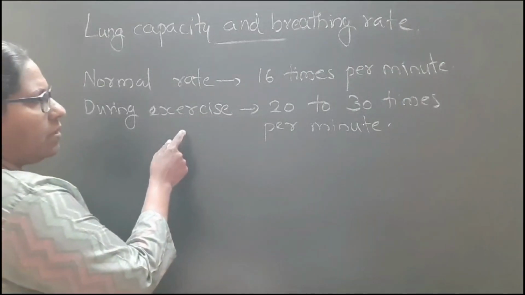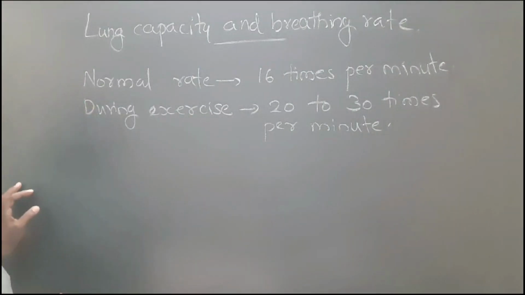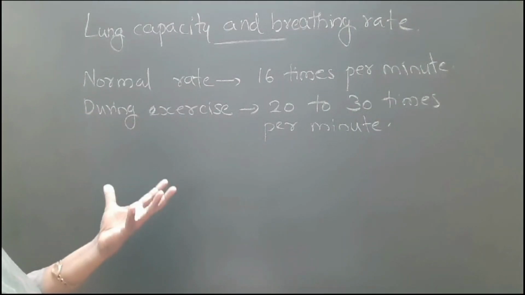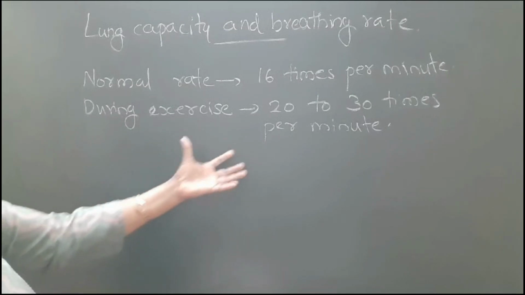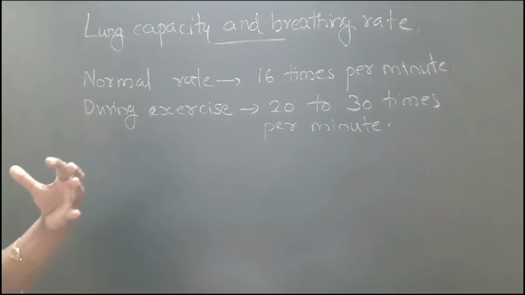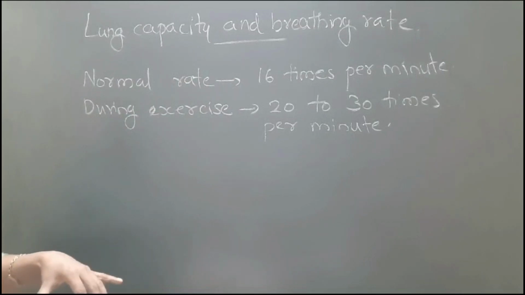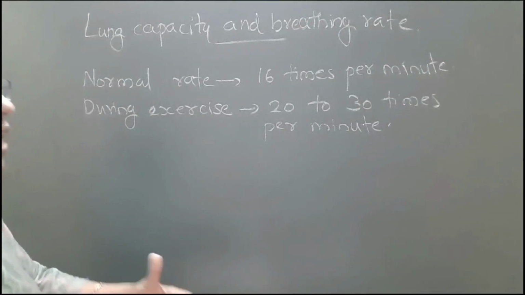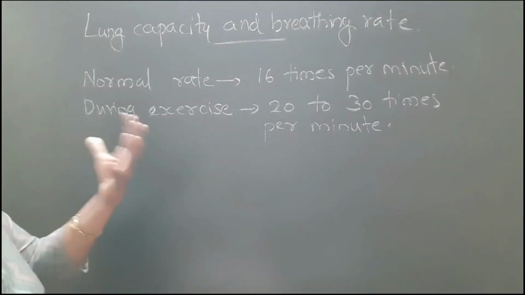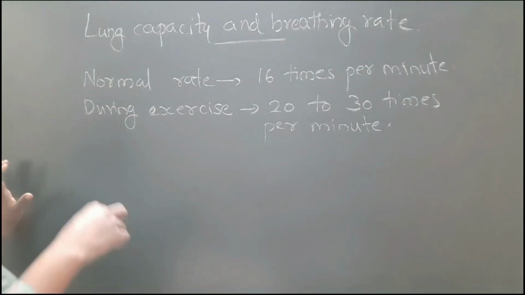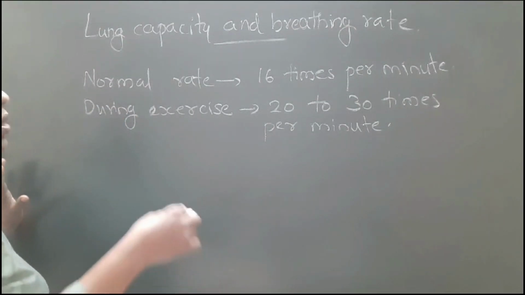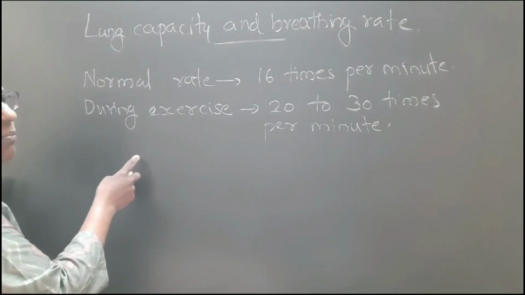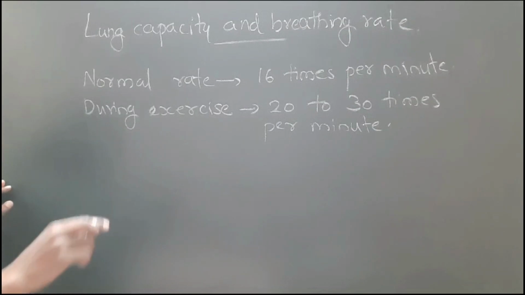During this time, a lot of carbon dioxide is released. Why? Because we breathe faster and take deep breaths. So we get much more oxygen into our lungs, and at the same time we have to breathe faster and deeper so the carbon dioxide will go out, because a lot of carbon dioxide is released in the body while doing exercise.